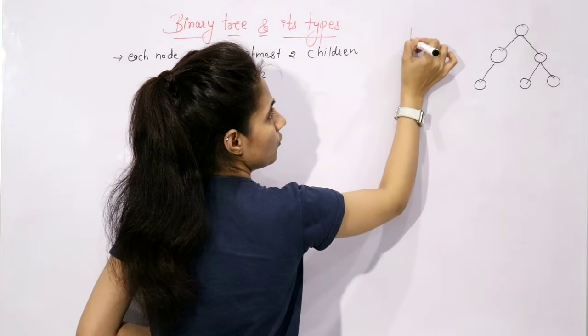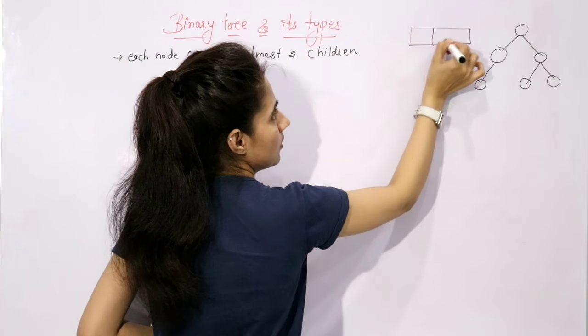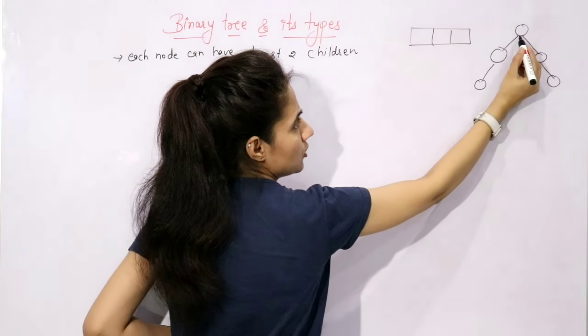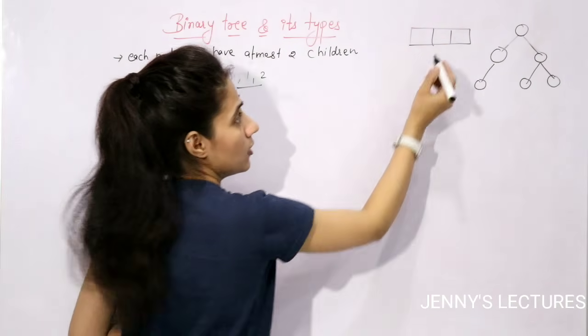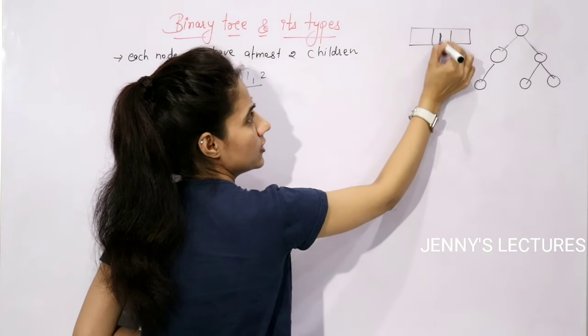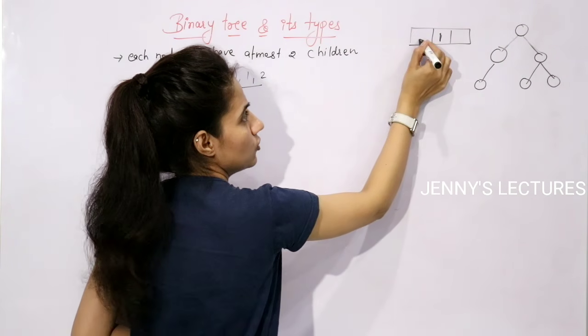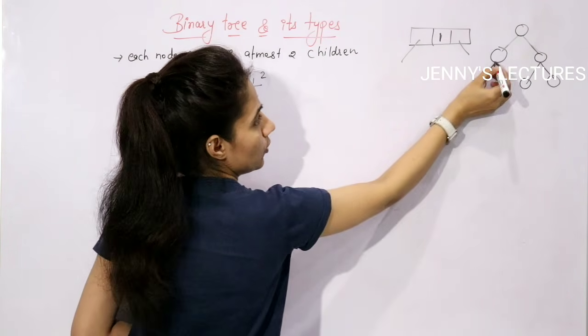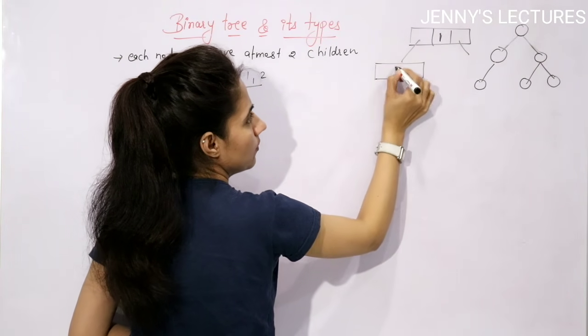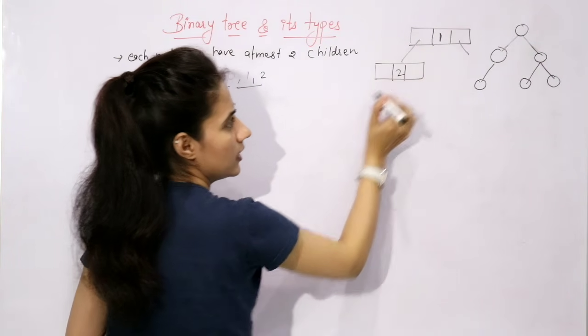This is a node, the first node is something like this, 3 parts would be there. This is the left child link, this is the right child link. Here we have the data part, here I am storing 1, this is the link to the left child, and this is the link to the right child. Here we have one node, suppose having data 2.